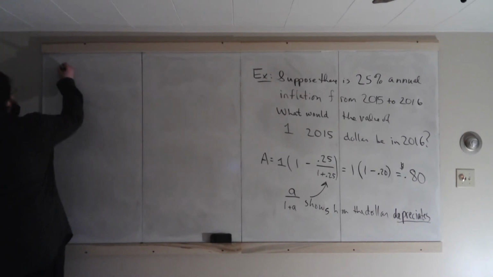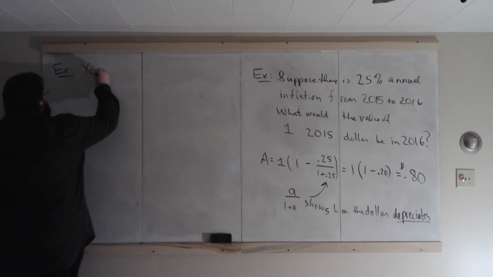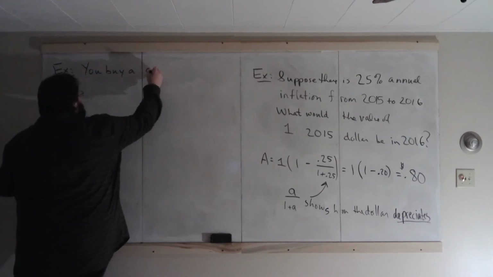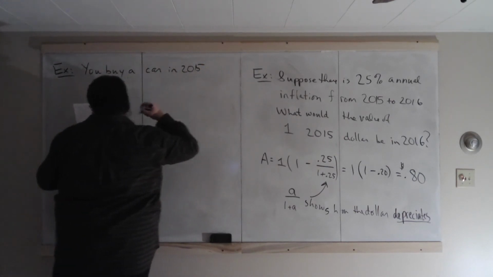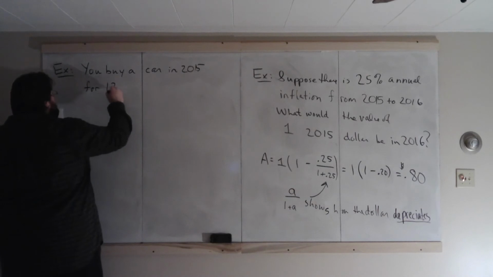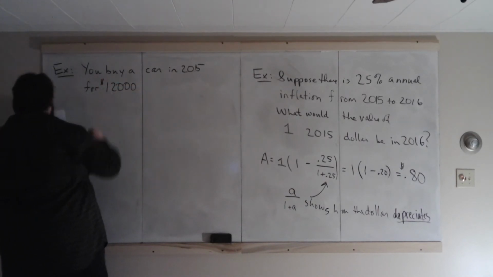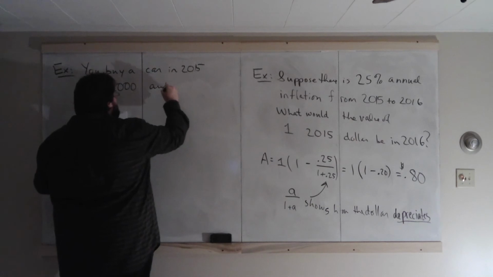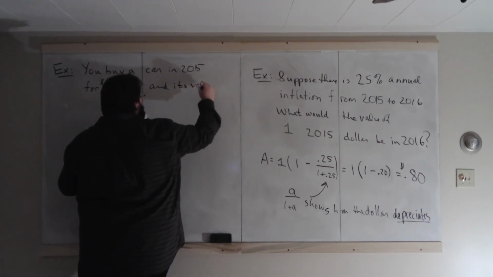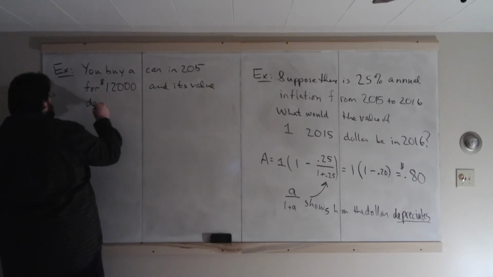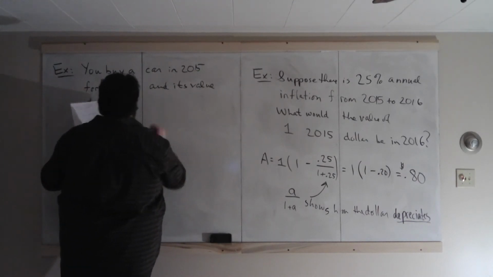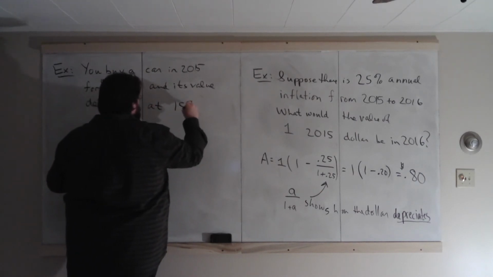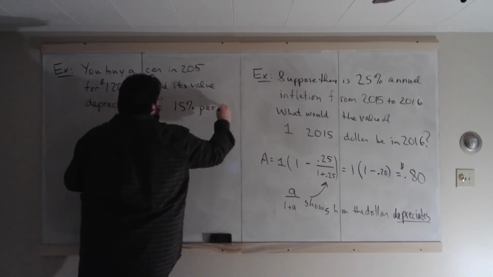So let's look at just one last example of a car. You buy a car in 2015 for $12,000, and its value depreciates at 15% per year.